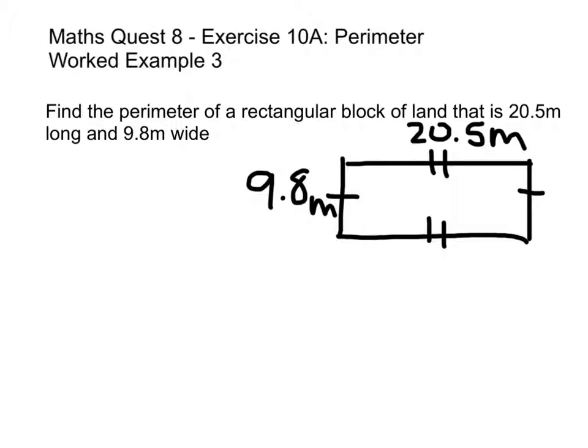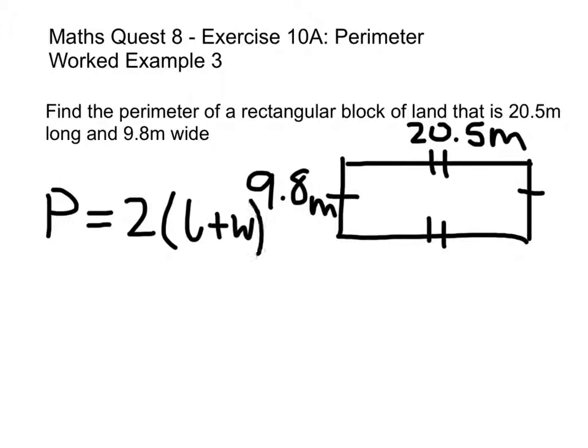So we know our formula for the perimeter of a rectangle is P equals 2 times length plus width. So it's 2 times 9.8 plus 20.5.